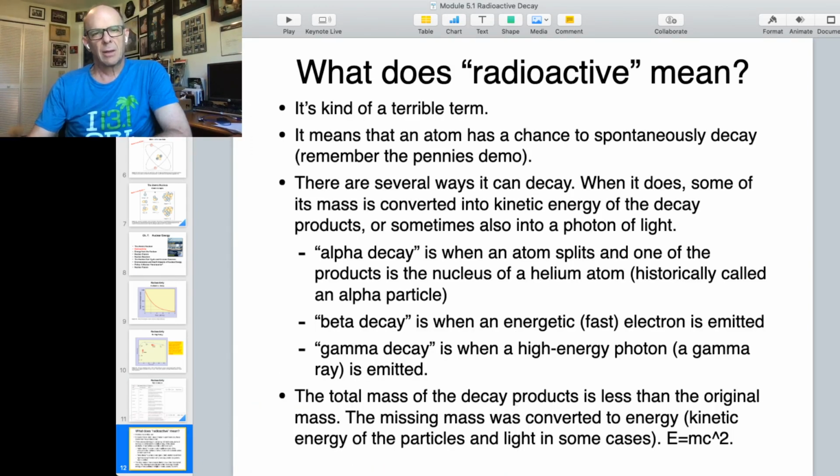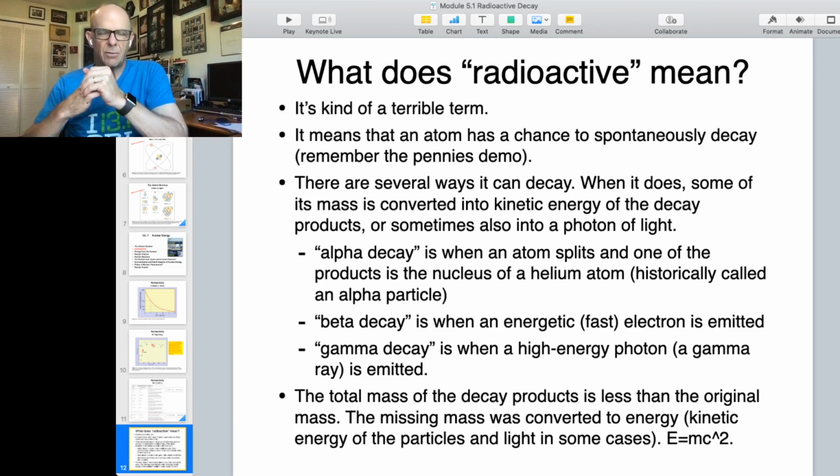So the last slide is just a reminder that radioactive doesn't mean that there is light associated with this. It has to do with the particle decay, a massive atomic nucleus splitting into several constituent subatomic particles which carry kinetic energy away.